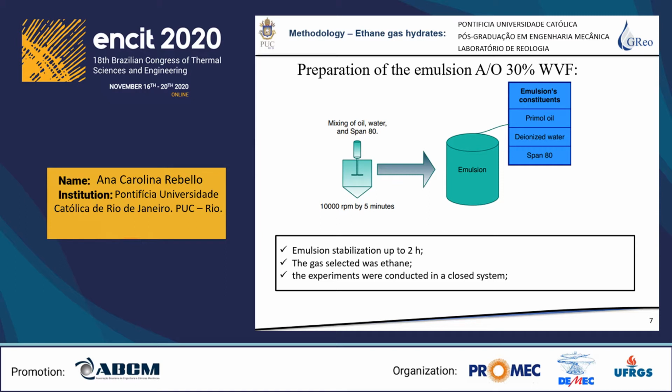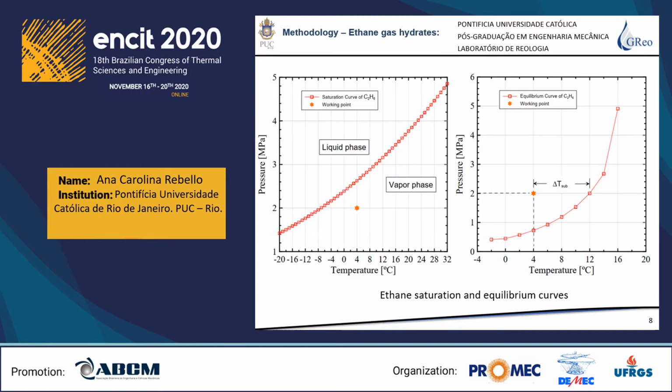The gas selected to conduct the experiment was ethane. As was mentioned earlier, ethane hydrates can form at moderate pressures, for example at 2 MPa and 4 degrees Celsius, with a subcooling of 8 degrees Celsius, as we can see in the equilibrium curve on the right. The subcooling can be variable in tests.